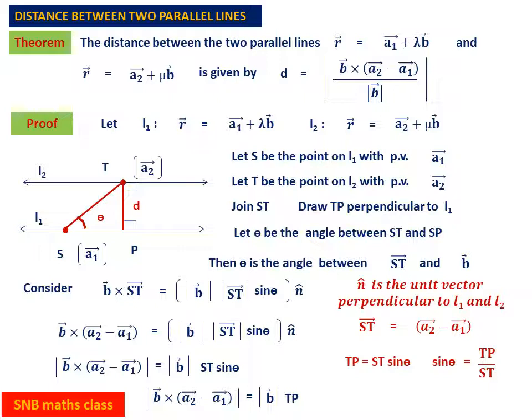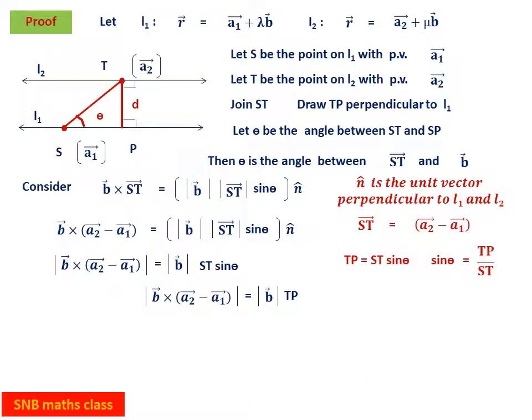This is very important. Let us proceed. So you can write now magnitude B into TP. I am repeating again, ST sine theta you can replace by TP. So this is the first thing you have to observe.